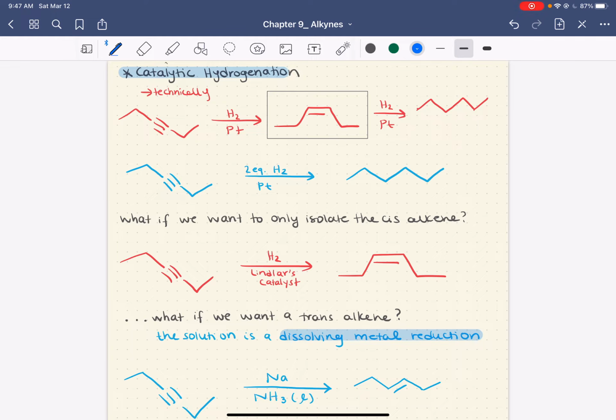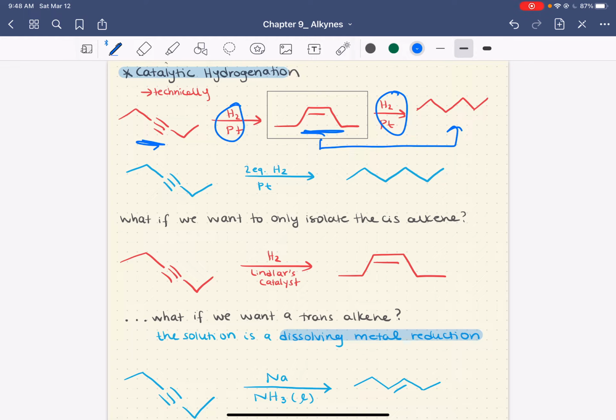One equivalent of molecular hydrogen and platinum can convert an alkyne to an alkene, to a double bond. Two equivalents, if you treat it once more with molecular hydrogen and platinum, you can take the alkene to an alkane, single bonds. You can completely saturate a triple bond all the way down back into a single bond.